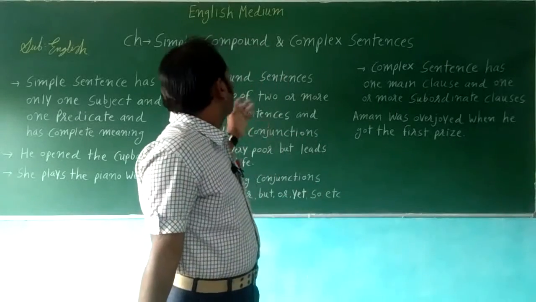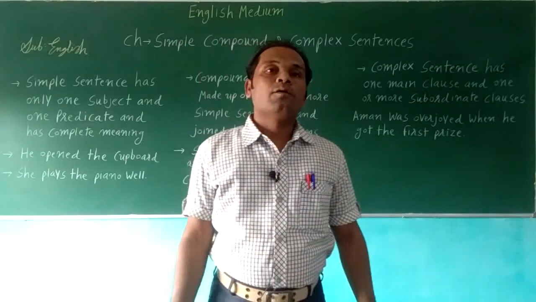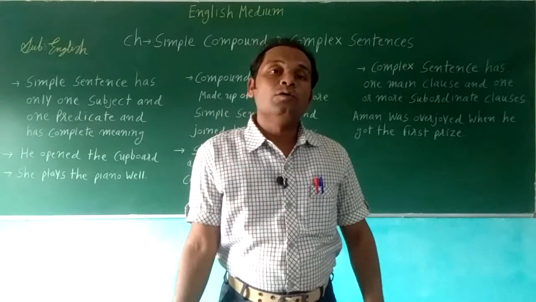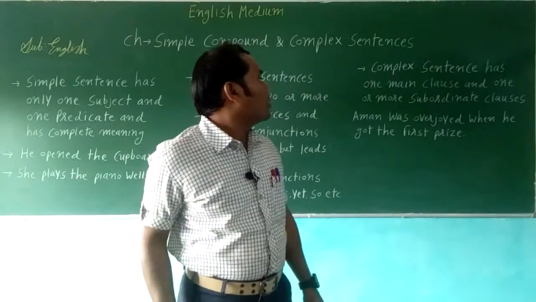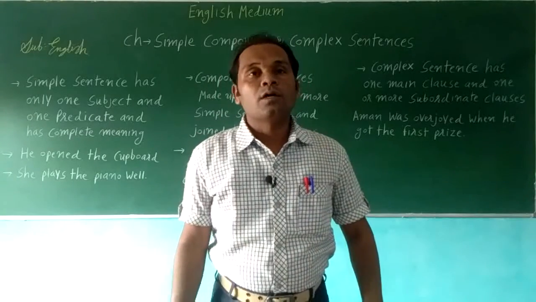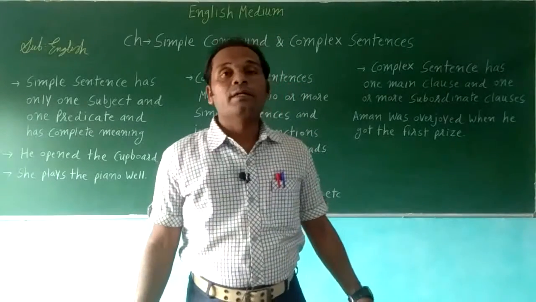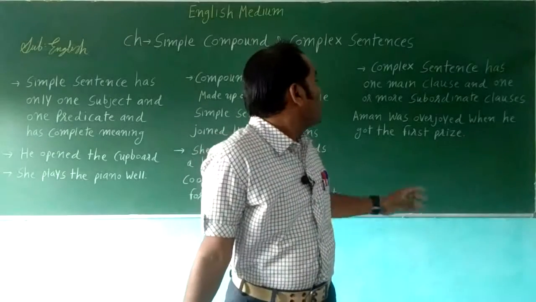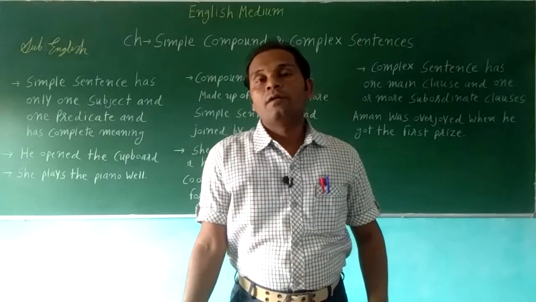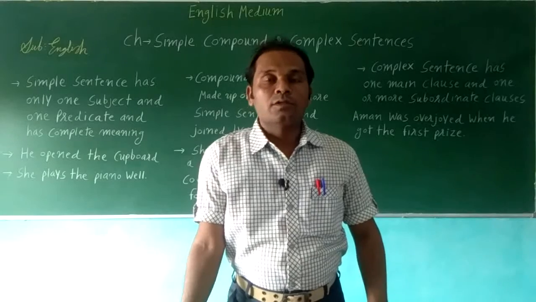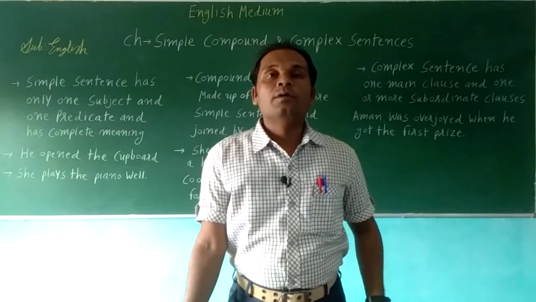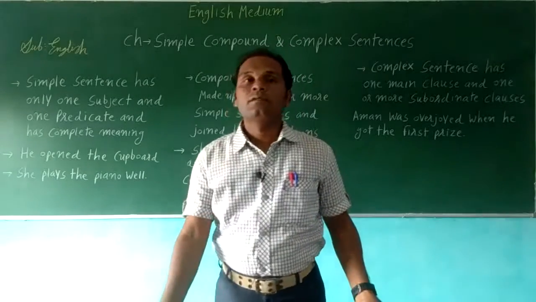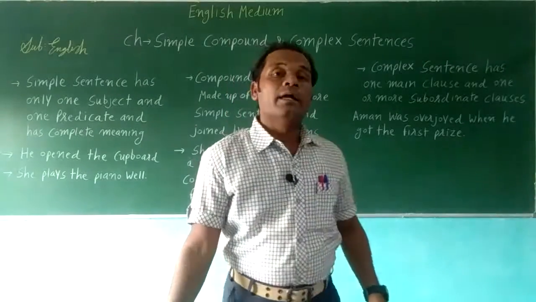And a complex sentence has one main clause and one or more subordinate clauses. So these are the categories of sentences: simple sentence, compound sentence, and complex sentence.